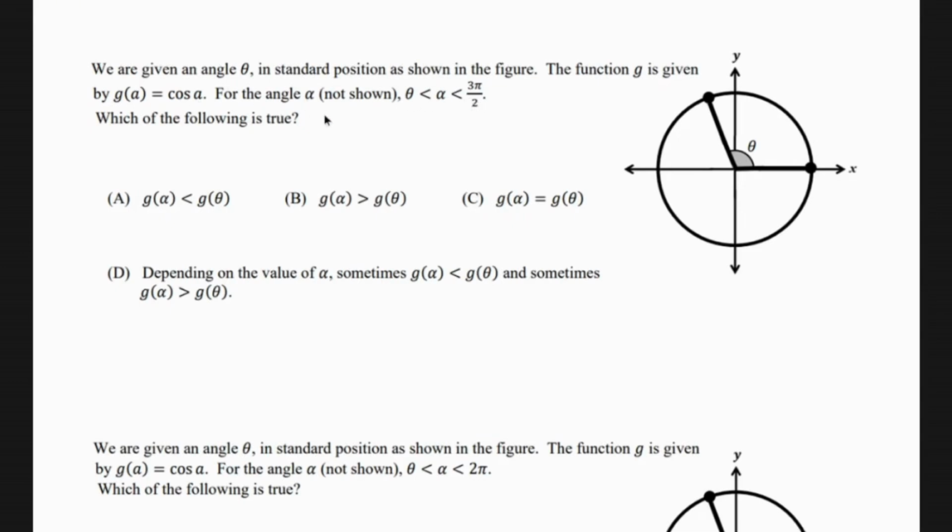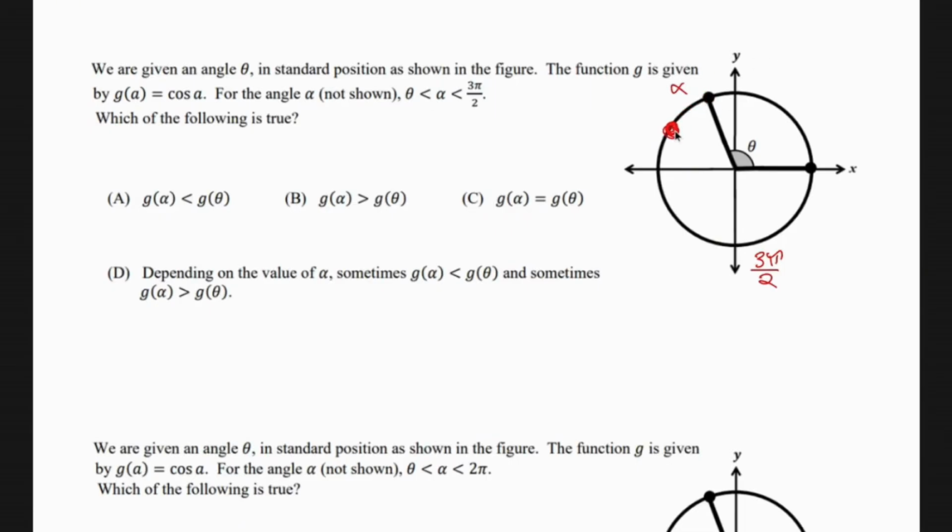So before I go any further, I have an alpha angle that lives between theta, so it could start here and end somewhere at 3 pi over 2. So my alpha angle could end on this dot here.